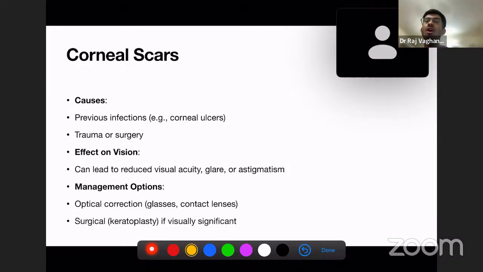Previous infections like corneal ulcers can also develop into a corneal scar. It can lead to reduced visual acuity, glare, or astigmatism. These are the effects on the vision.